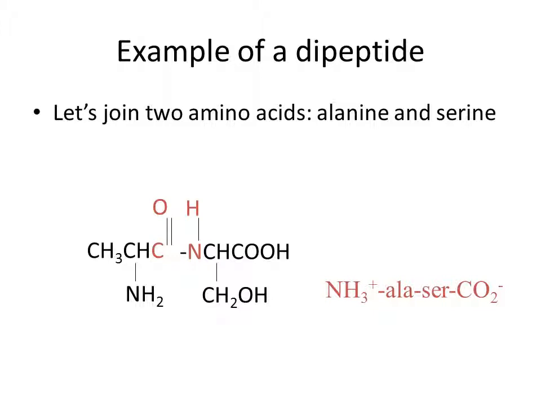Remember, the amino acid on the left has the amino group free, and the amino acid on the right has the carboxylic acid group free. I've written NH3 plus to emphasize that's a free amino group on that end, and CO2 negative to emphasize that is a carboxylic acid group free on the other end. We usually write them in their ionic forms like this rather than their unionized forms, because we know that's how it exists in nature.